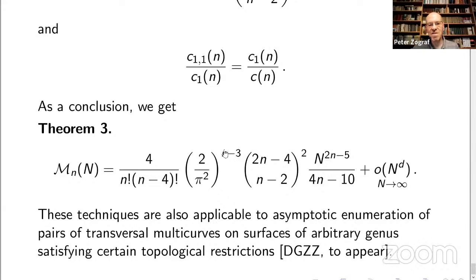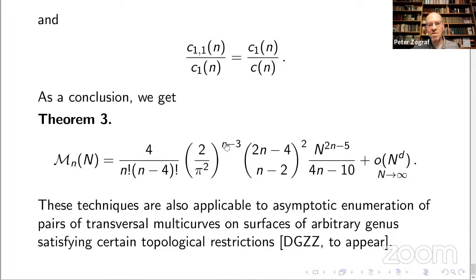That is indicated here. So it behaves polynomially as n to the n minus 5. That's the leading term. But there is no information about the subleading term.